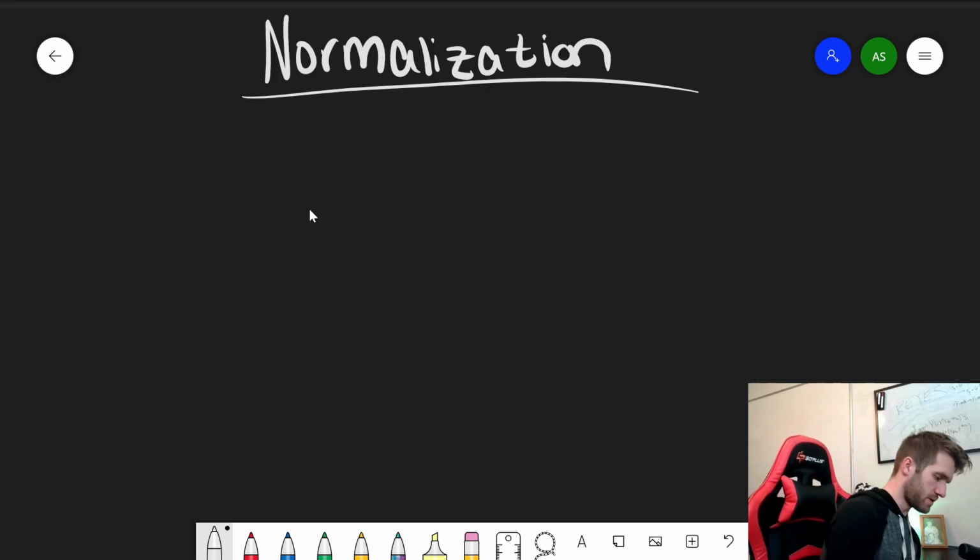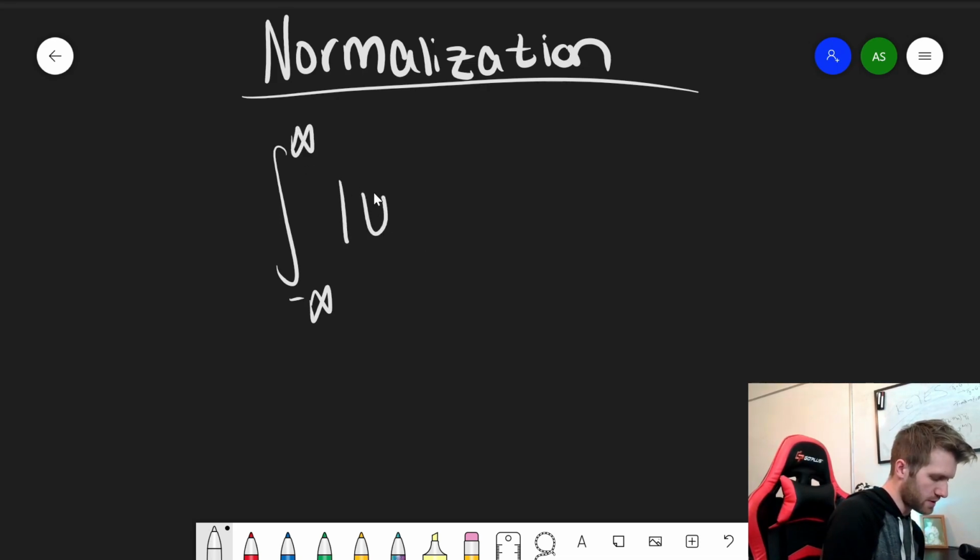So if we were to write that out quantitatively, we're going to have some integral from negative infinity to positive infinity, where we have the square modulus, or the probability density, that's a function of x and t, with respect to x.